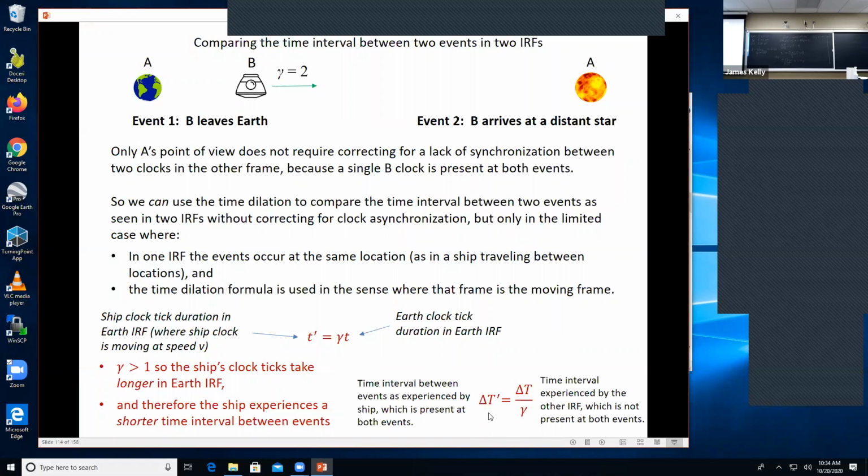The amount of time that's experienced in the moving frame is going to be less than the amount of time that's experienced in the frame that's at rest from that point of view. When you divide by gamma, gamma is bigger than 1. So if the people on Earth say exactly 1 year elapsed from the point of view of the people on Earth, and gamma is 2, then the people on the ship will say exactly half a year elapsed.